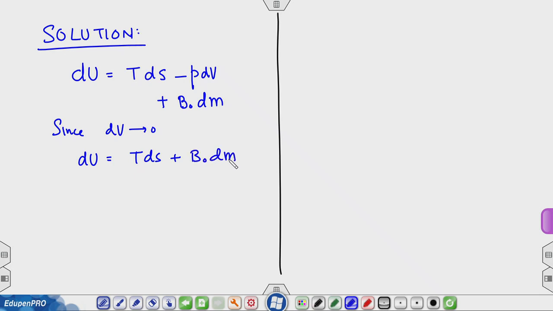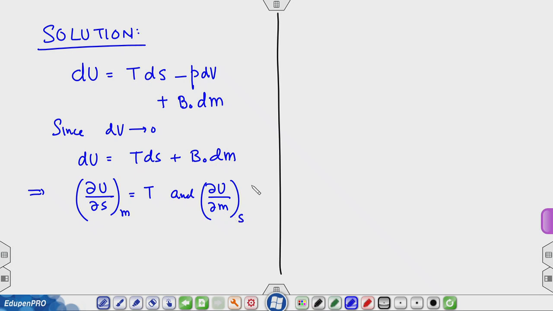So, internal energy goes up on two counts. One, we supply heat to the system, and we do magnetic work on the system. And this tells you that partial U, partial S at constant magnetic field is equal to T, and partial U over partial magnetic moment at constant S, that is under an adiabatic process, is equal to B 0.